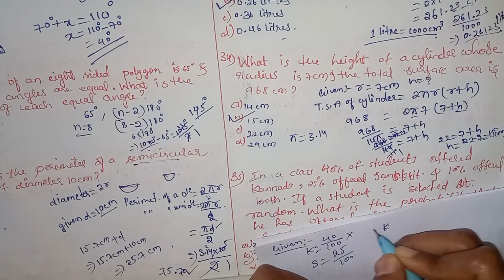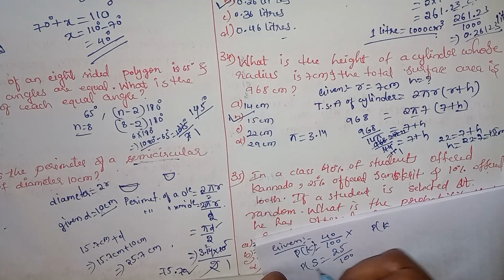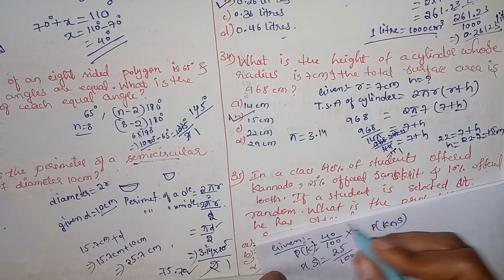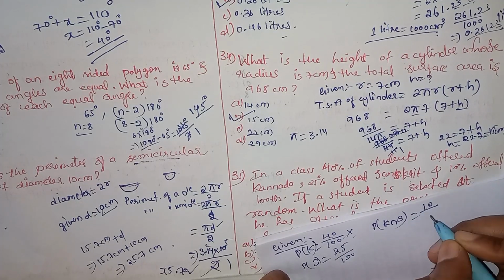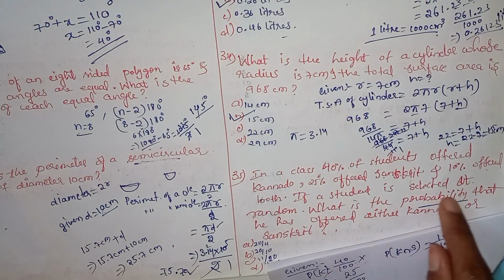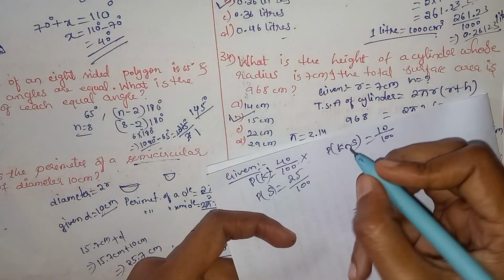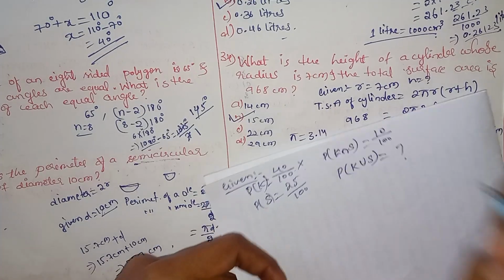It's the probability of K, the probability of S is given, and the probability of K intersection S, both. Intersection of both is 10%, which means 10 by 100 is selected. We have to find the probability that he has offered either Kannada or Sanskrit, which means we have to find the probability of K union S.